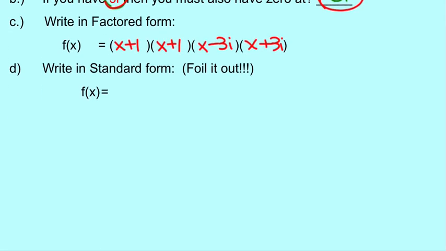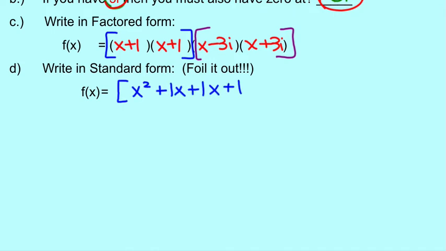Now what we have to do is we have to FOIL this all out. So it's a good idea to FOIL things that look alike. So I'm going to FOIL these two things together. And I'm going to FOIL these two things together. So let's take care of the blue. So first, outside, inside, last. Then we go to the purple.